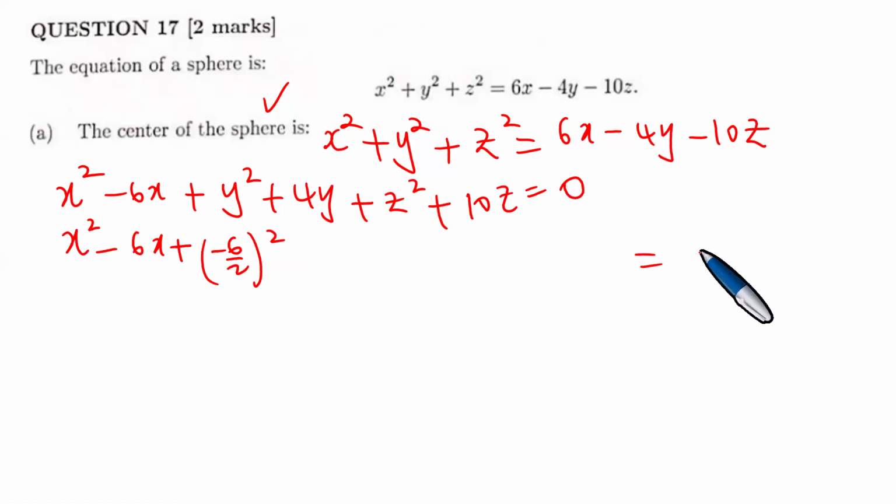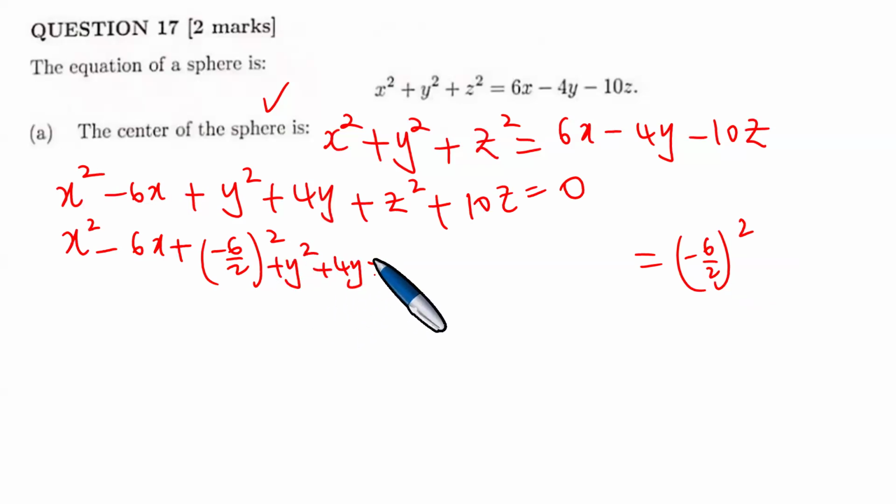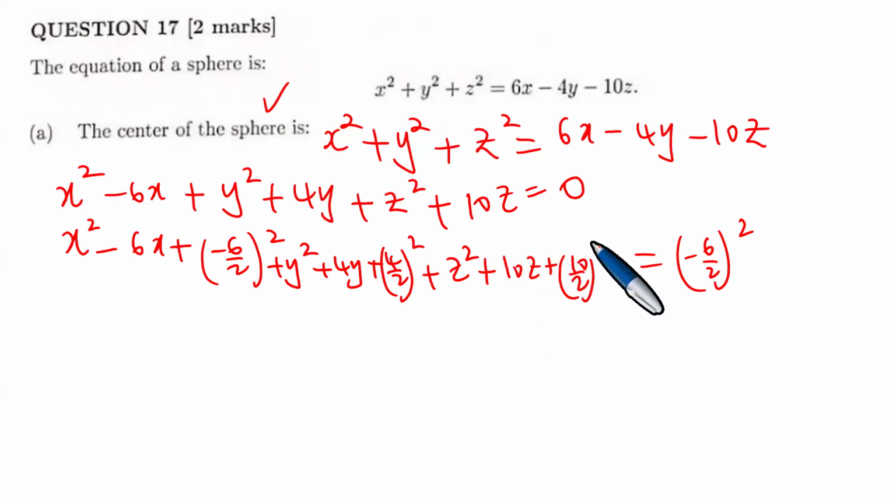So we have minus 6 over 2, which you square, and for y squared plus 4y, you have 4 over 2, which you square. For z squared plus 10z, 10 over 2, which you square.